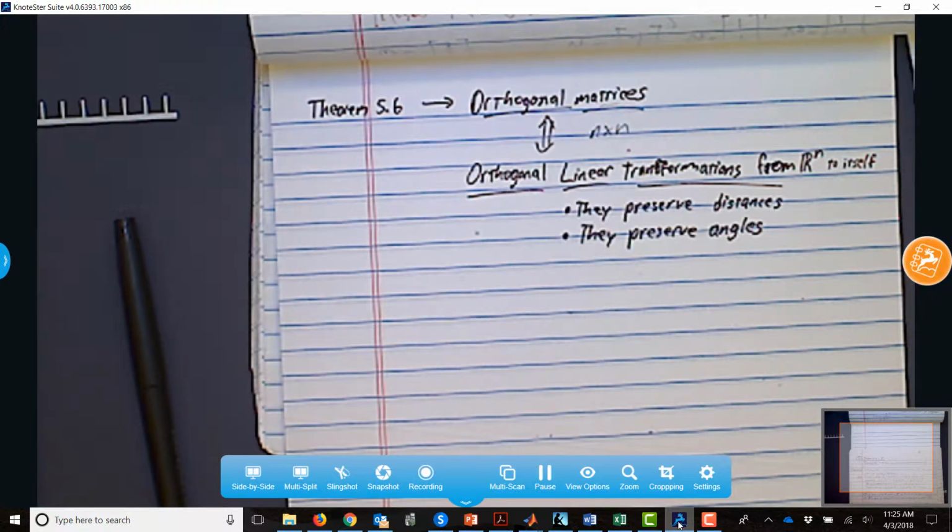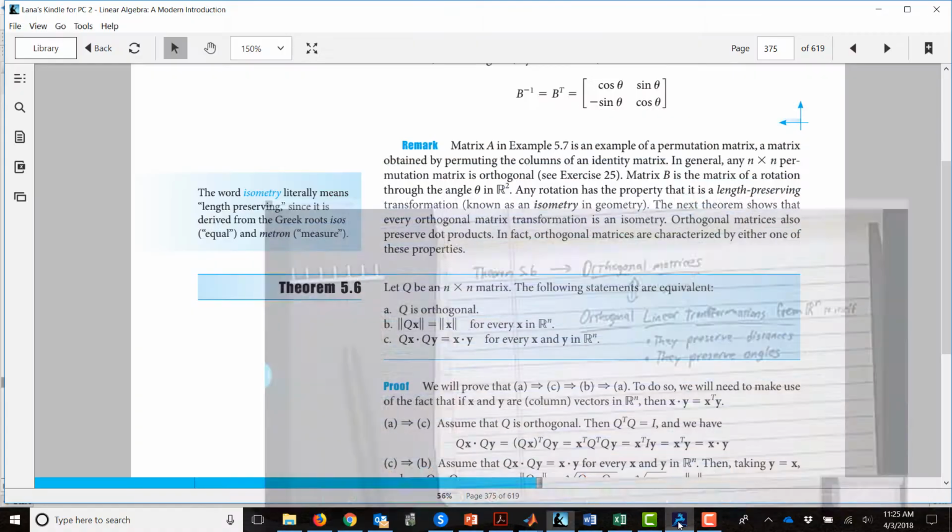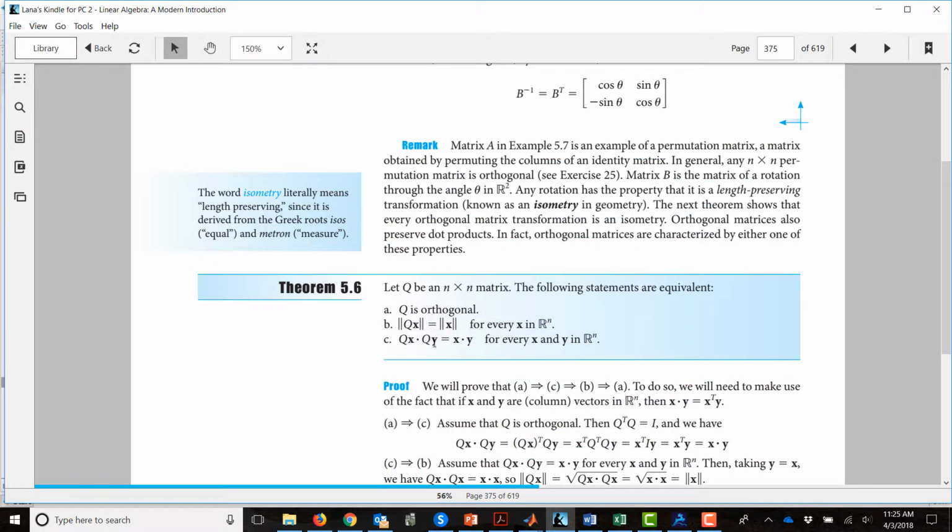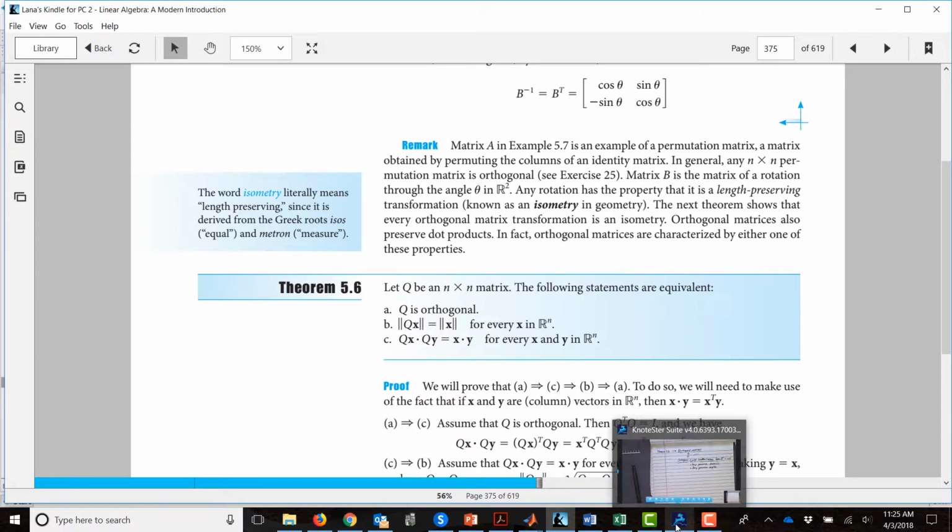Remember, I showed you Yoda, right? And if you think about linear transformations, there's lots of linear transformations. But if we want to make sure that we're not going to skew our picture, we're not going to change the lengths of anything or the angles, you need your matrix to be an orthogonal matrix. Because these are equivalent. These are if and only if. So I think that's an important fact. Yeah, it's called an isometry in geometry. That's an important idea in mathematics.